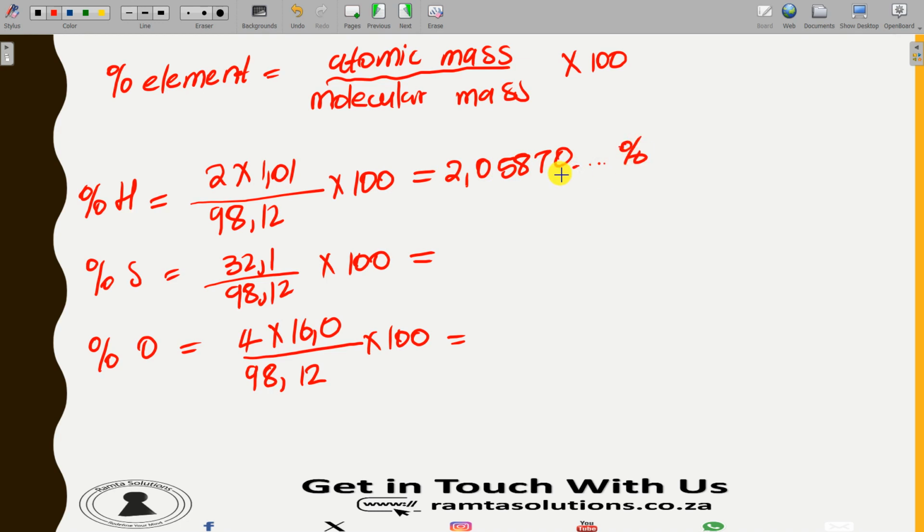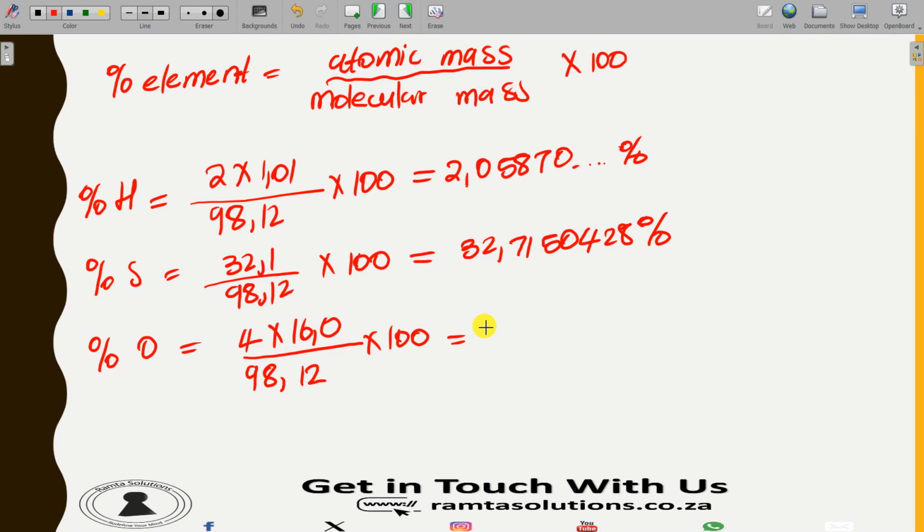And then let's get to sulfur. We have 32.1 over 98.12. What do we get? We get 32.7150428%. It's fine. And then let's go to oxygen. What do we get? 4 times 16 will be roughly 64, yeah?